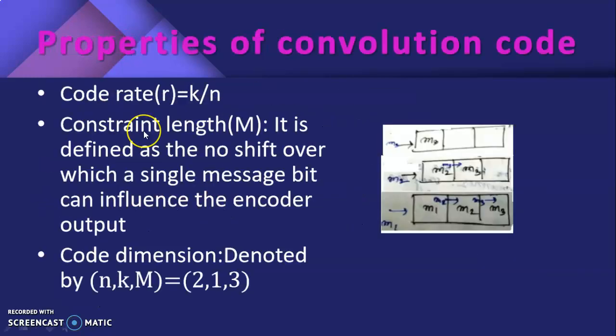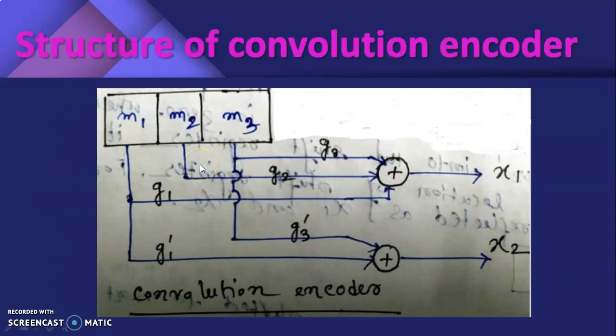That means for an infinite sequence of message bits, the last location of the shift register should be connected with the output. Otherwise, the problem cannot be solved.